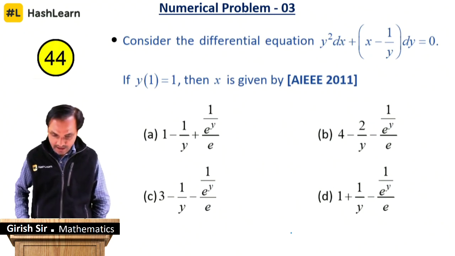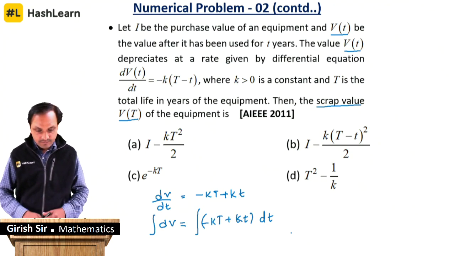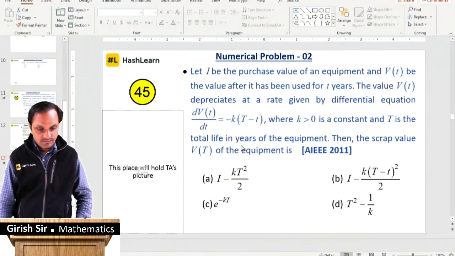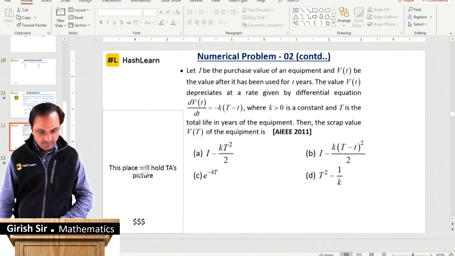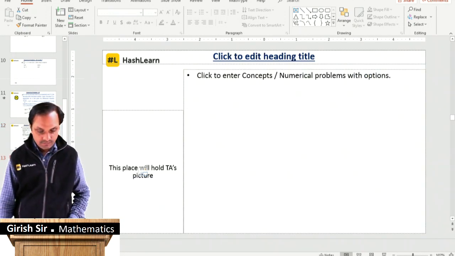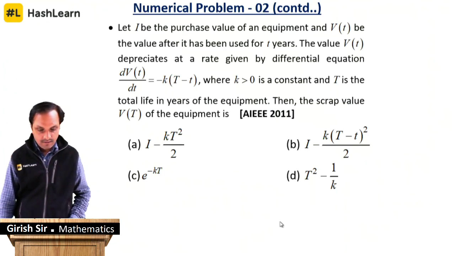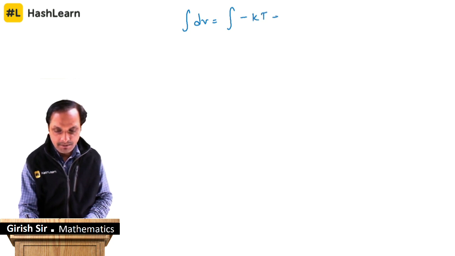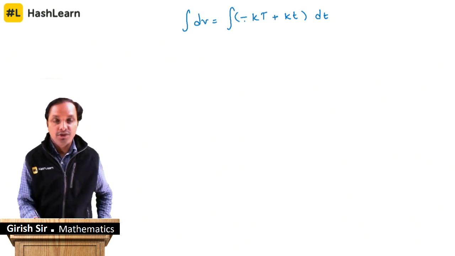Integration of dv हो जाएगा, your integration of dv will become integration minus k into capital T plus small k into t dt. Okay, so this is what our equation is.